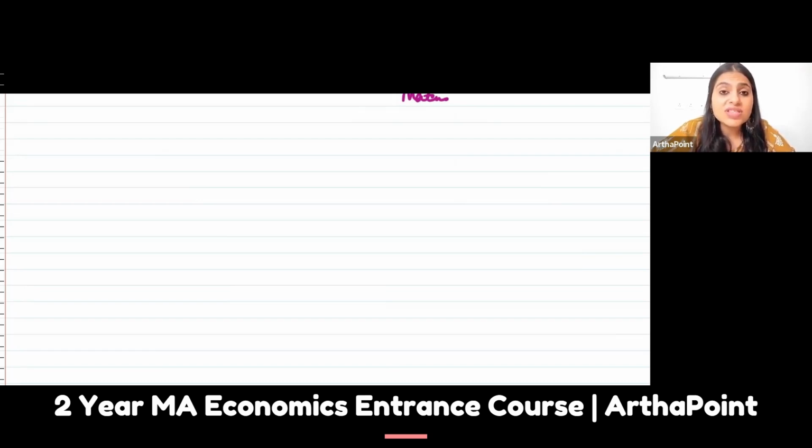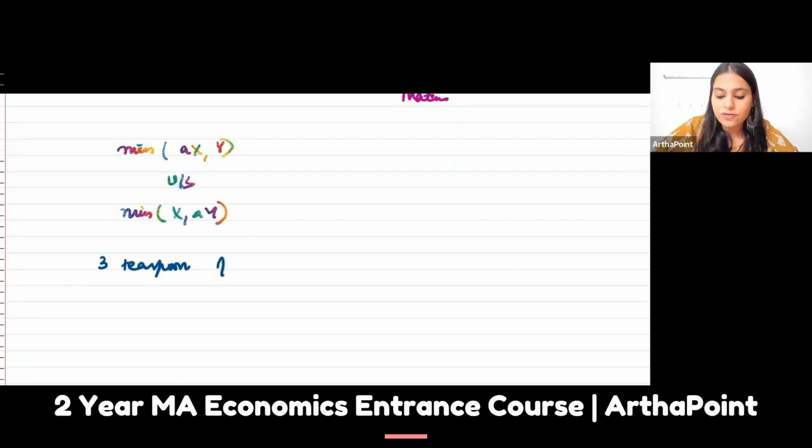It's just that once you have understood the concept, the idea is to practice a lot of questions. So for example, you should know what happens if I am writing min of ax comma y versus what happens when I am writing min of x comma ay. What happens when they are writing in the question that a person adds 3 teaspoons of sugar with 2 tea bags versus 3 tea bags with 2 teaspoons of sugar.